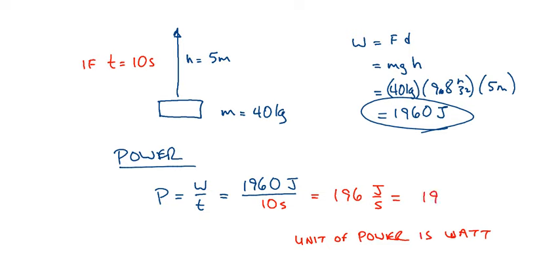I would come in here and call this 196 watts, because 1 joule per second is 1 watt. All right, capital W there is a watt. So that would be the best way to write that down, 196 watts.